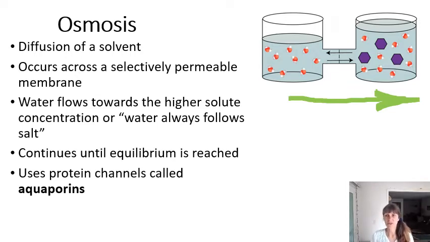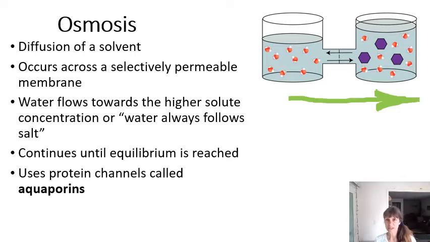Salt is a great example of solute. So if 3 large crystals of salt were put in the beaker on the right, water would flow across that selectively permeable membrane that only water can pass through, from left to right. You'll notice that that raises the level of water on the right side.